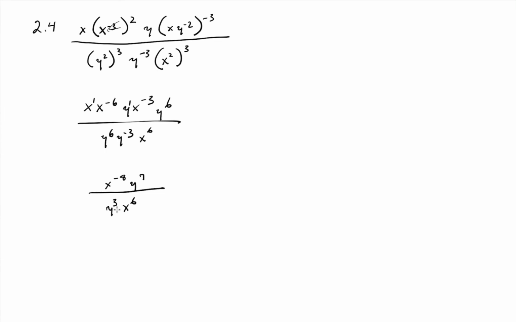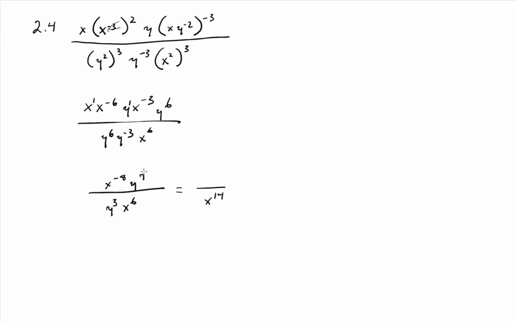All right, and now we can further reduce that, because if we bring that -8 down here, it'll switch to a +8. So that's going to be x to the 14 on the bottom.